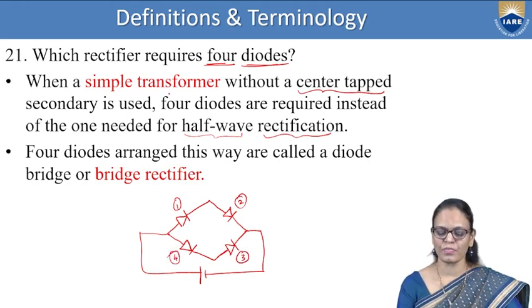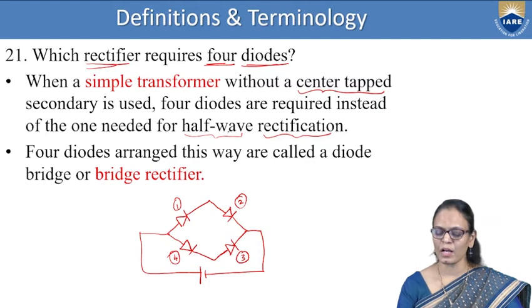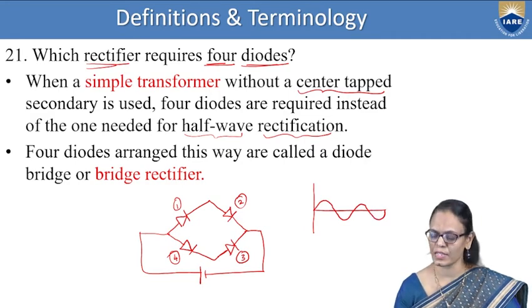So what is a rectifier? A rectifier is the one which converts AC to DC. In half wave rectification, when we are using a single diode, only one half of the wave is being rectified.